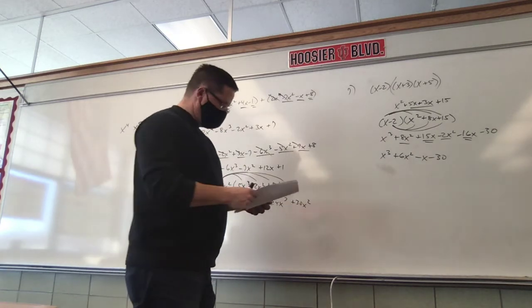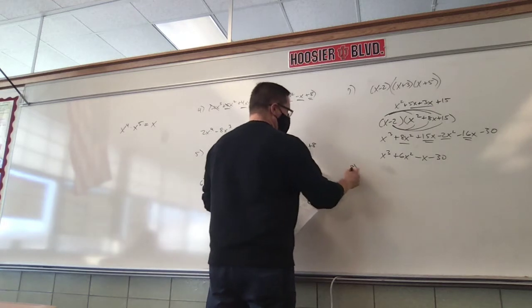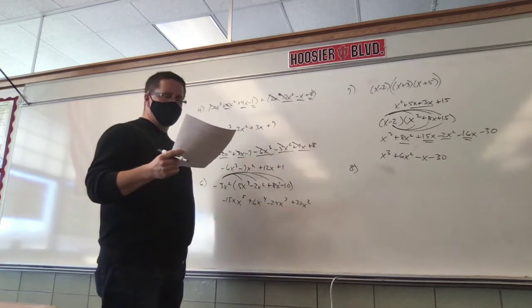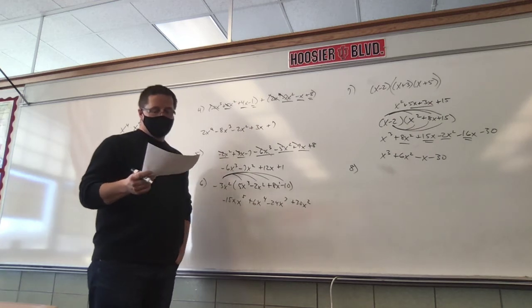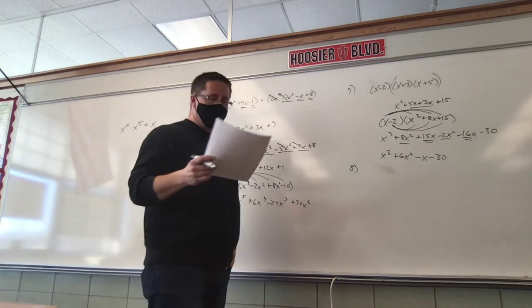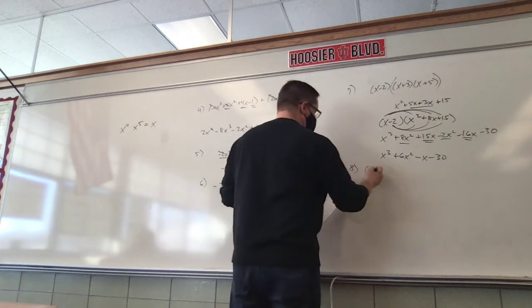Okay. Number 8, this is another one. It's been a while since we did this question, and we only spent a day or two on it. It was x plus 3y to the 4th.